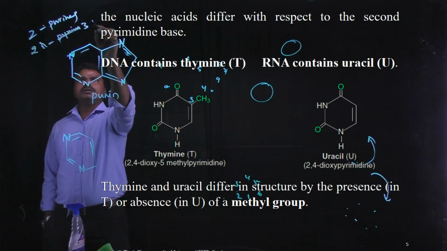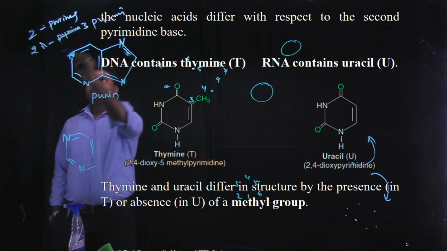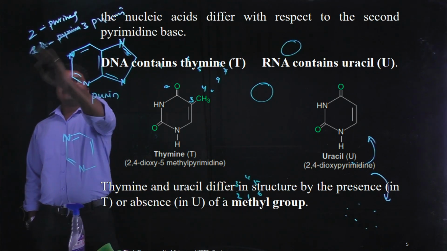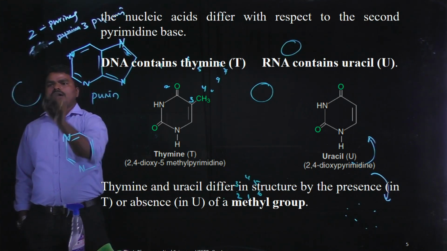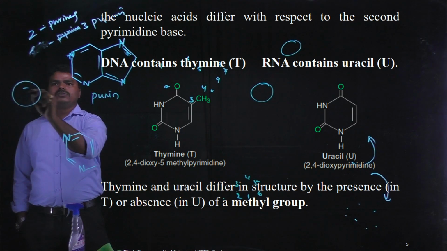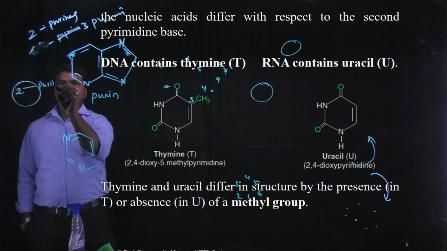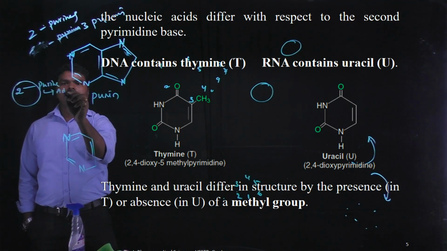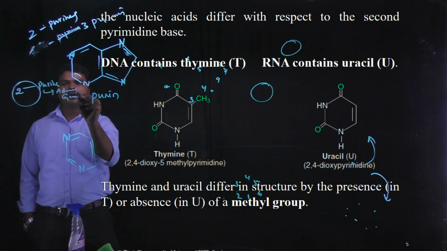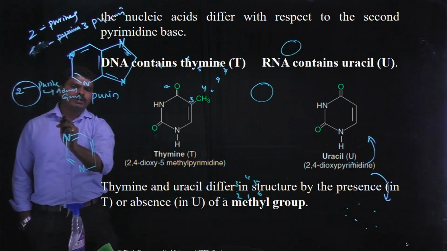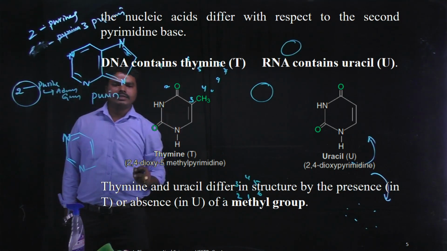Of the five bases, three are common. So what are the three? Two are purines, that is adenine and guanine. These two purines are common in both RNA and DNA structure.